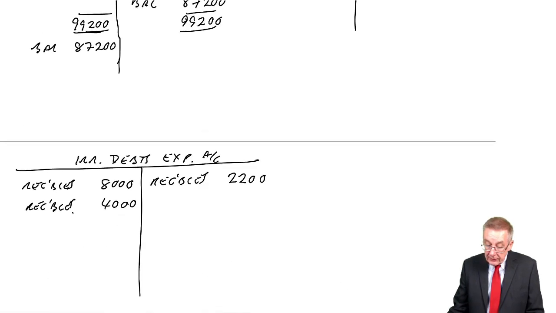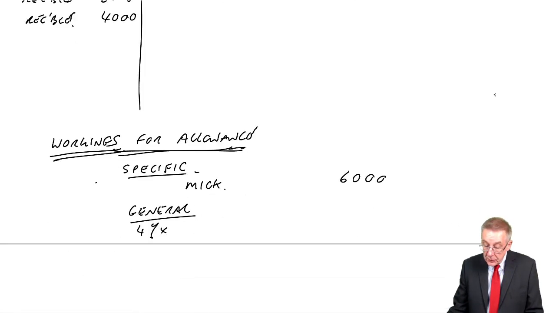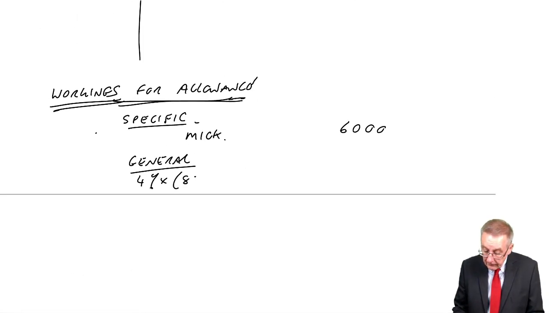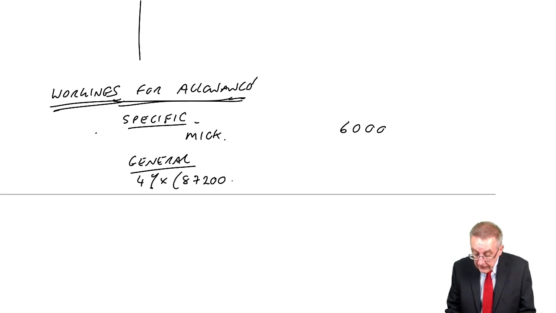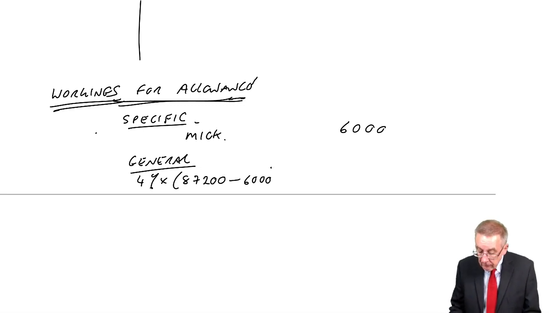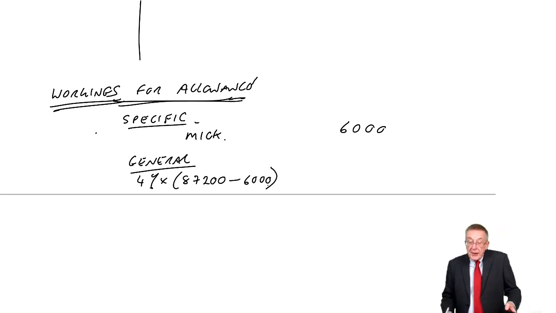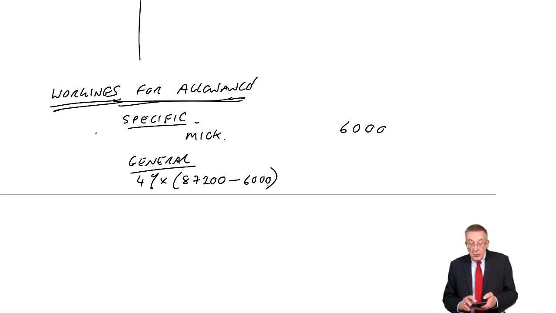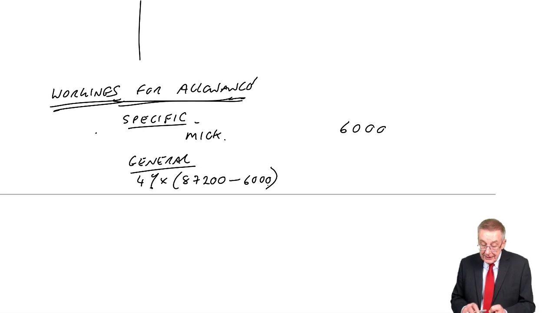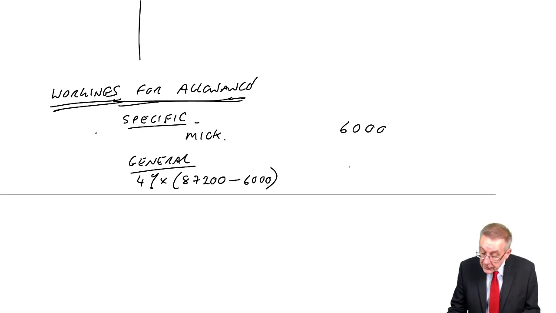Well, at the end of the year, the receivables, 87,200. Included, though, we know Mick is a problem. And so, it's the other 81,200 that we think are okay. Well, 4% of that is 3,248.